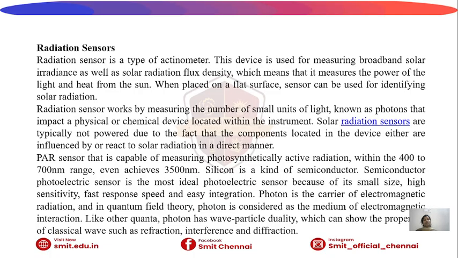So it works by measuring the number of small units of light, known as photons. These impact a physical or chemical device which is located in the instrument. So solar radiation sensors are typically not powered, due to the fact that components located in the device either are influenced by or react to the solar radiation in a direct manner.